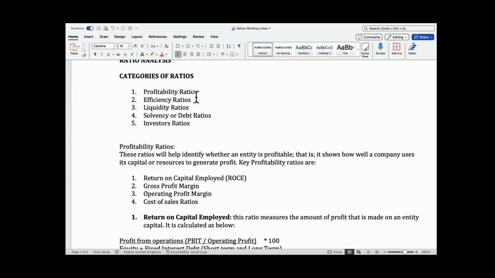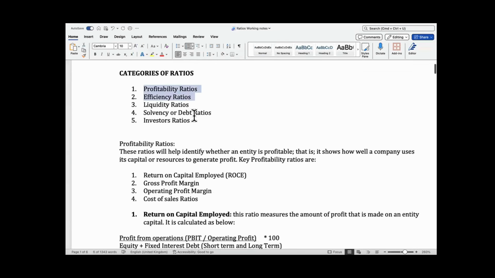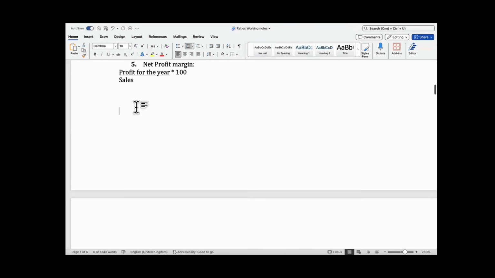Now, the next one is efficiency ratios. So this majorly focuses on efficiency in the utilization of resources, right?